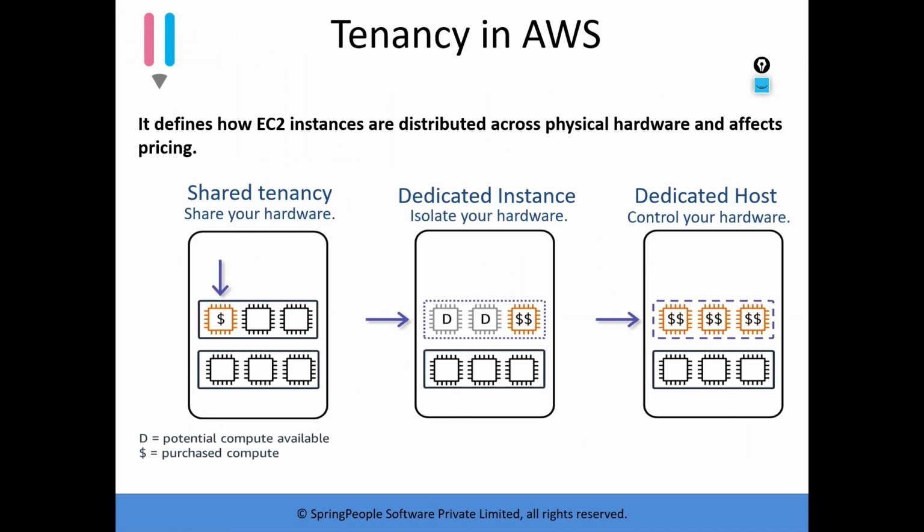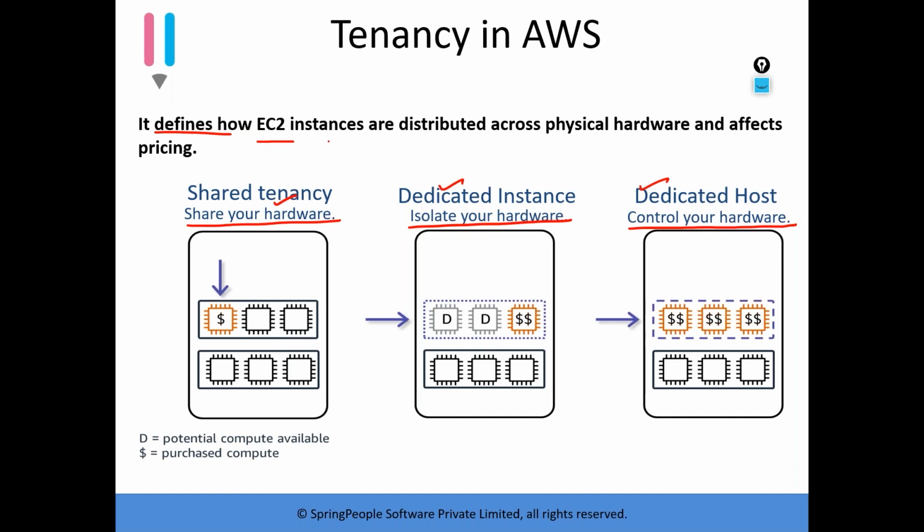You see this? I'm covering everything. So we have shared tenancy, which I've already covered, dedicated instance, and dedicated host. What is dedicated host? Control your hardware. What is dedicated instance? Isolate. You are isolating your hardware. You are not sharing, but you have no control on hardware. Shared, you are sharing a hardware, so it is less in cost. So what is tenancy?